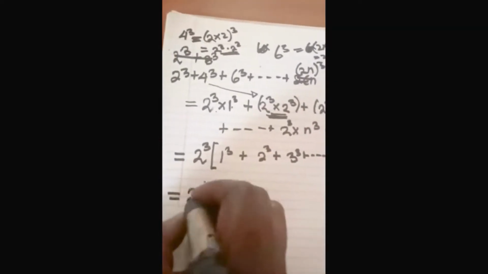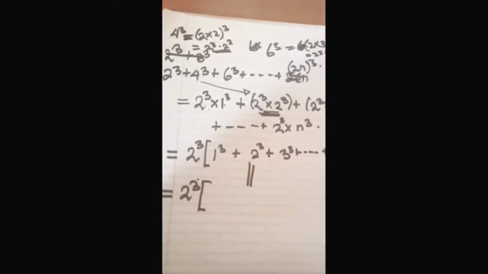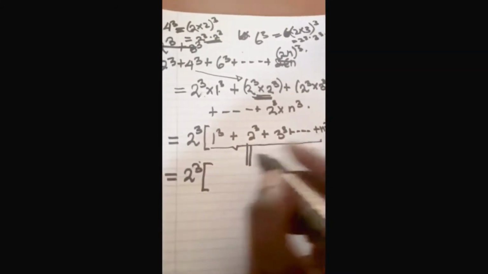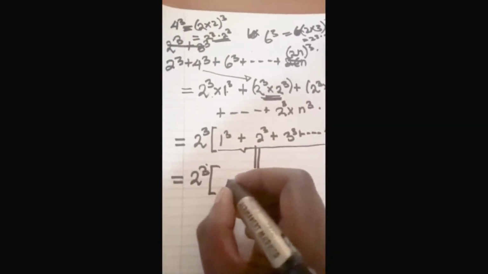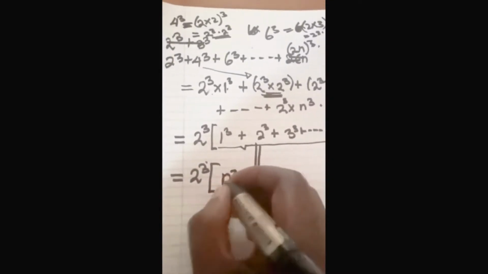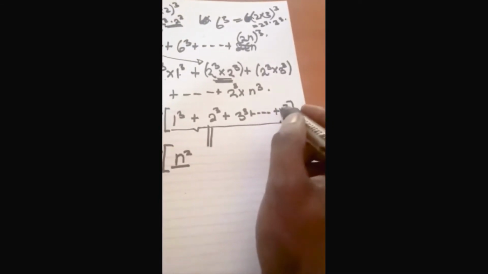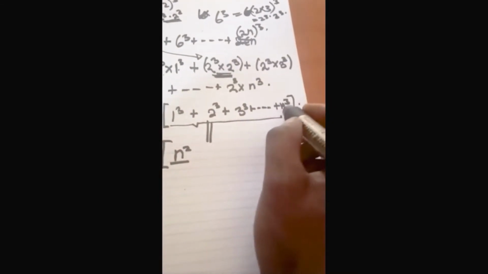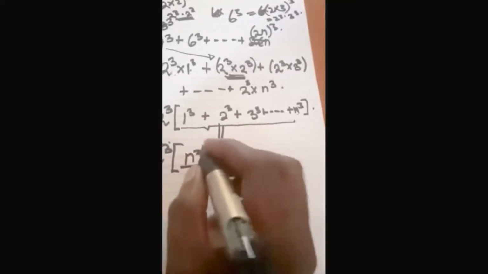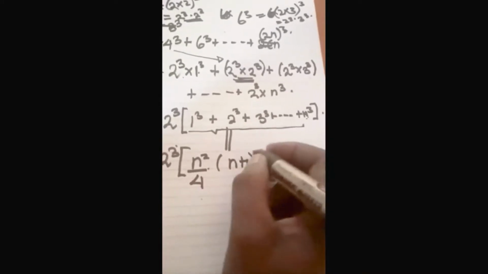So this is 2 to power 3 into, now, from the other formula 3, the whole of this is equivalent to n squared over, because we are adding up to n, we are basing on the last one. If this was k, we would have used the k, but since this is n, then our formula should be n over 4 into n plus 1 squared.